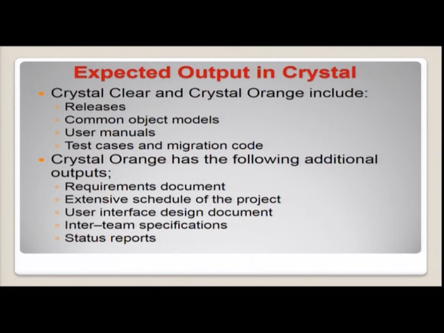Then the user interface screens have to be made available, and whatever user interface design has been made has to be documented, and the specifications should be based on the inter-teams.